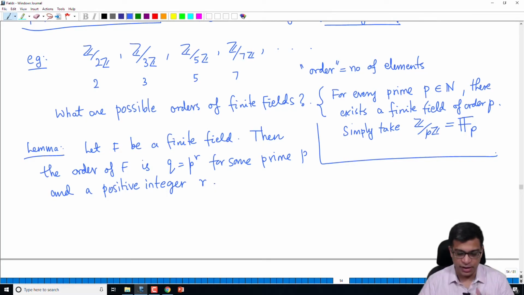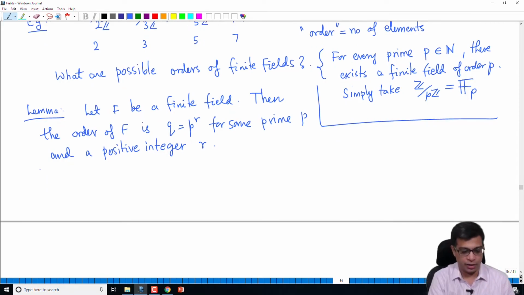So the lemma says that if F is a finite field, then its order is a power of a prime number. It cannot be any other number. So for example, there can be no field of order 6 because 6 is not a power of a single prime number.